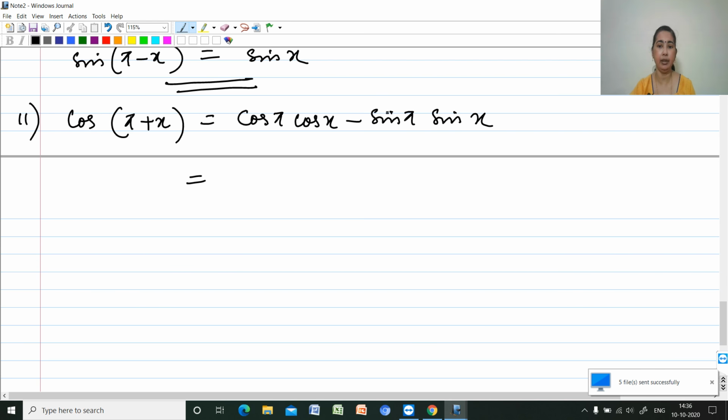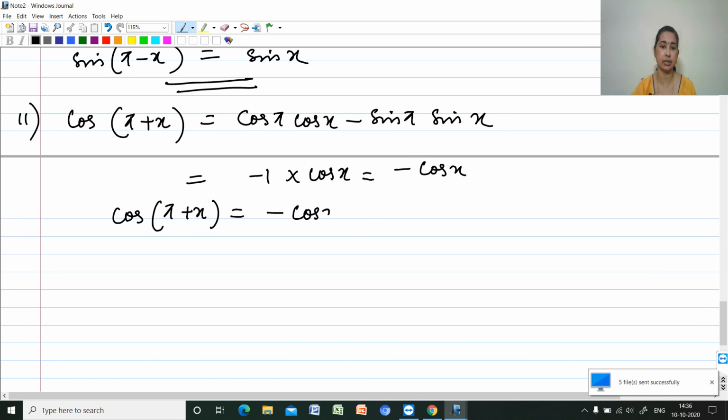Since sin pi is 0, this part will be 0. So, remaining cos pi cos x means it is minus 1 into cos x, which is equal to minus cos x. So, cos of pi plus x is equal to minus cos x.